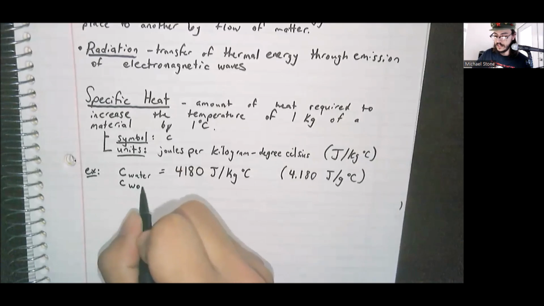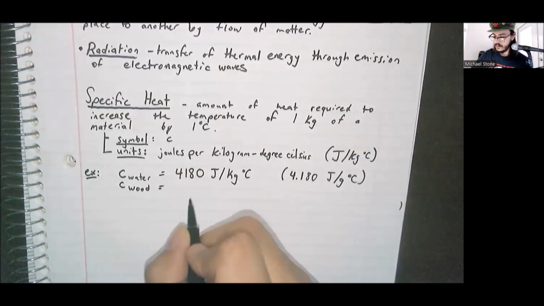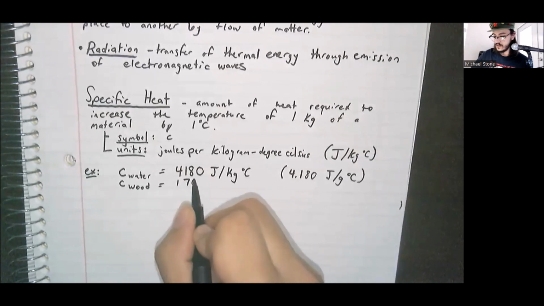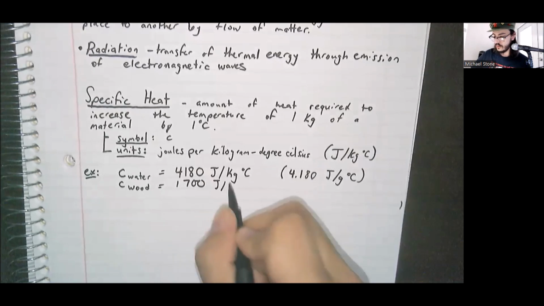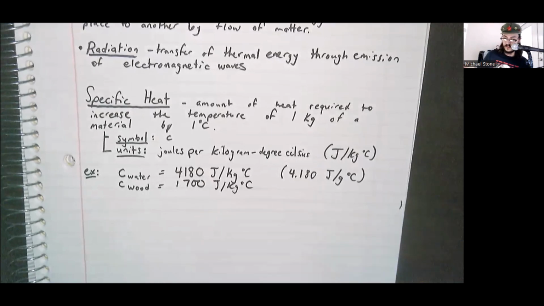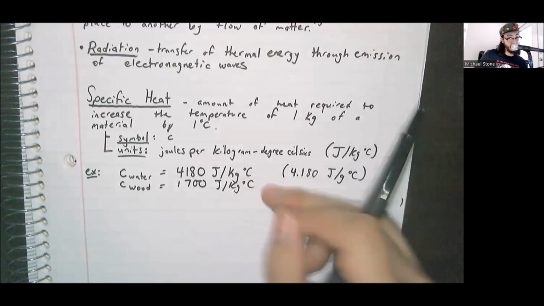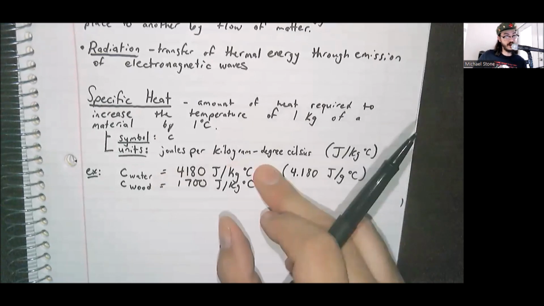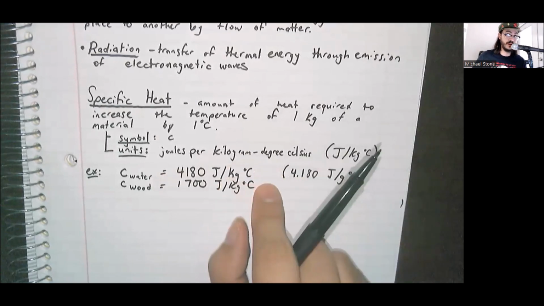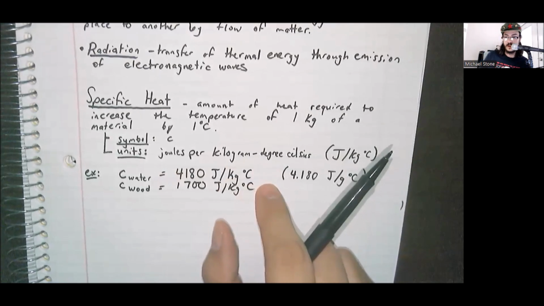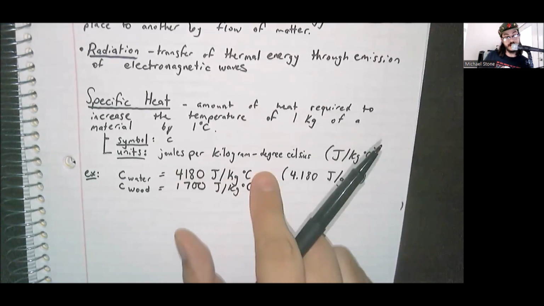The specific heat of wood is about 1,700 joule kilogram degrees Celsius. So you see that wood does not require as many joules to get a kilo of it up a degree. It takes more energy to get water to go up in temperature.